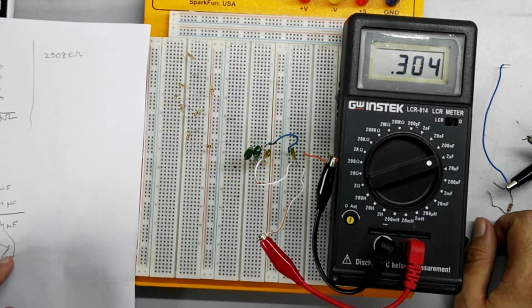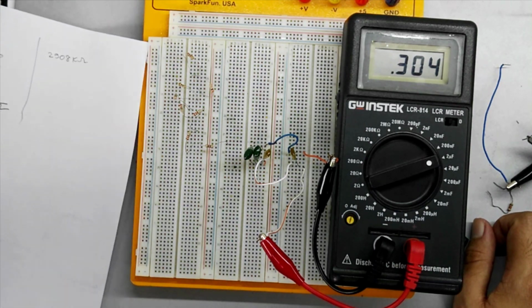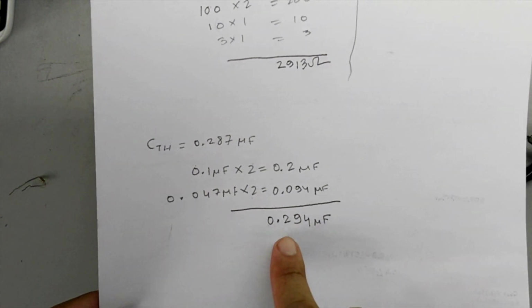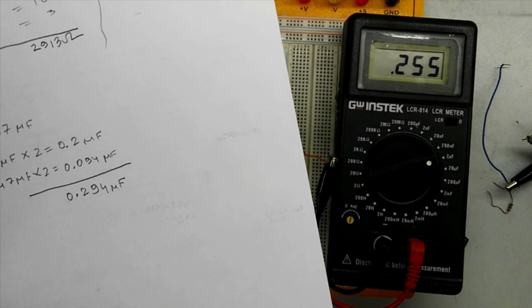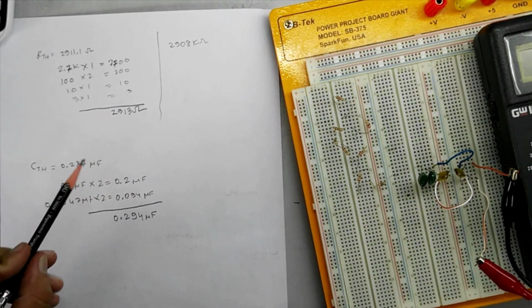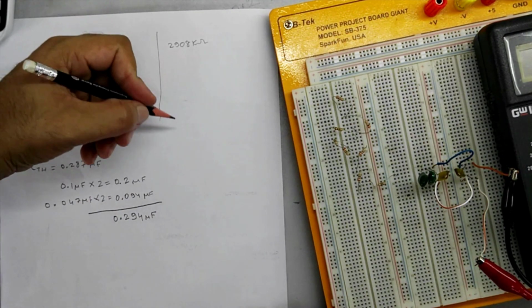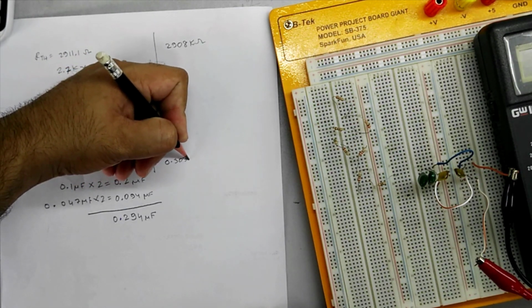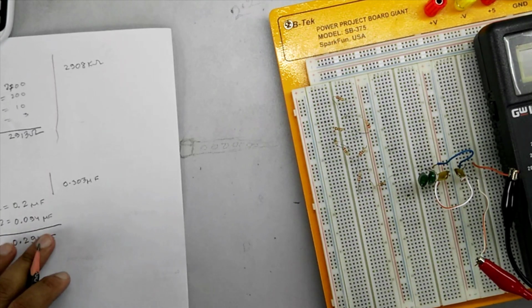Okay, so we have 0.304, which is very close to what we have, 0.294. So we're good enough. We wanted 0.287 microfarad, but we have 0.303 microfarad, which is close enough.